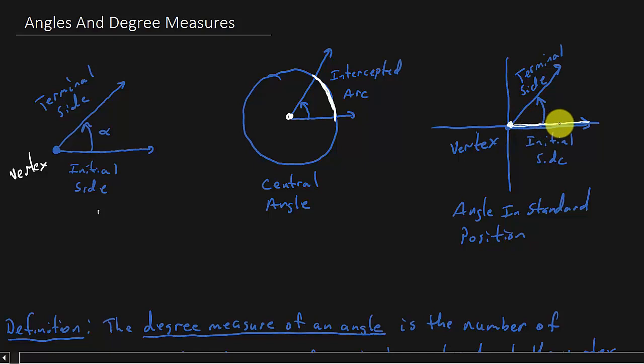The initial side is along the positive x-axis, and then we're rotating in a counterclockwise direction. We have our terminal side right here. This is an angle in standard position. So if you're working a problem and they say that you have an angle in standard position, that means the vertex is at the origin (0, 0), and the initial side is along the positive x-axis. And you can rotate it counterclockwise or clockwise.